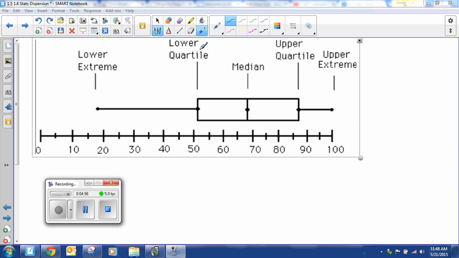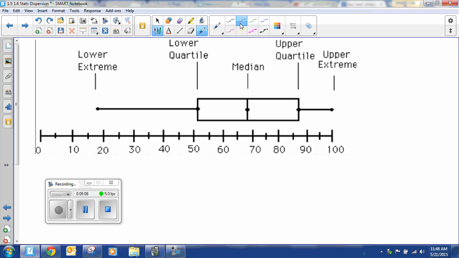And the lower quartile was about a 52, and the upper quartile was about an 87 or so. So remember, these are broken up into quartiles, meaning 25% of the scores occurred here, the next 25% is here, the next 25%, and the next 25% of scores.